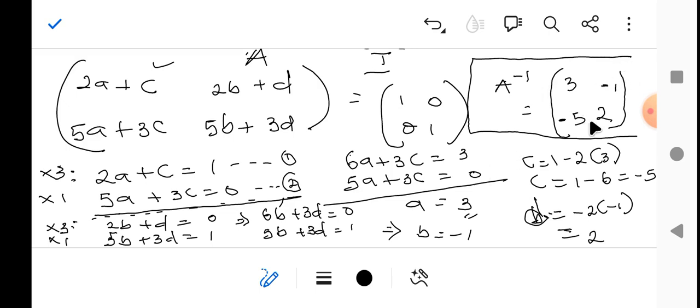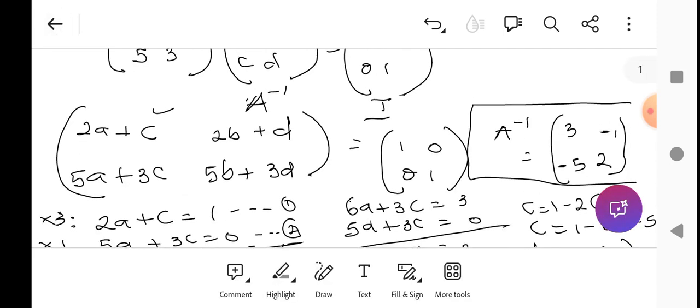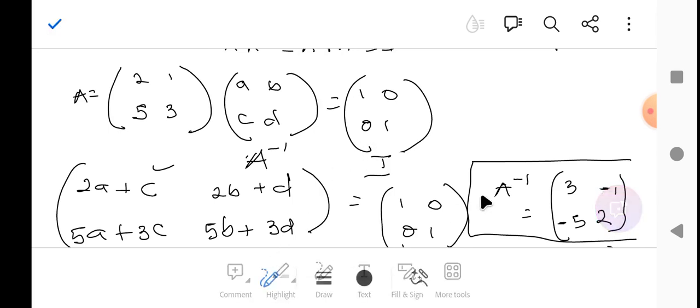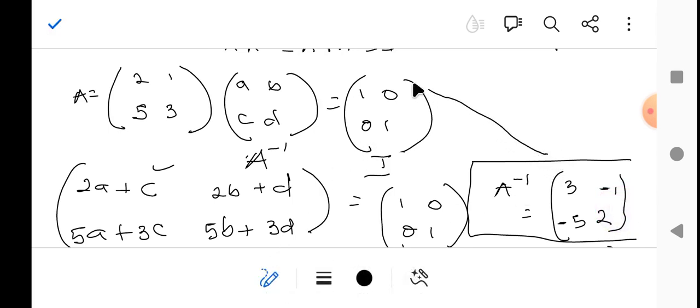If I multiply this matrix over here with the initial matrix that we have used, I'm definitely going to get the identity matrix, right? So this matrix multiplying this matrix is going to be the identity matrix, and automatically this is matrix A, which is now called the inverse, matrix A inverse.